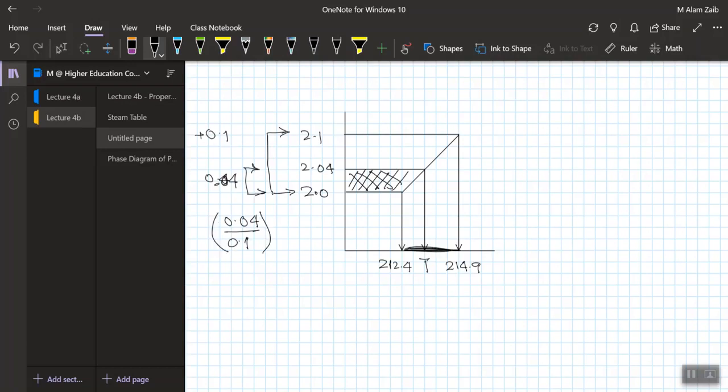So if you can imagine, this is the same percentage we would be expecting somewhere here.